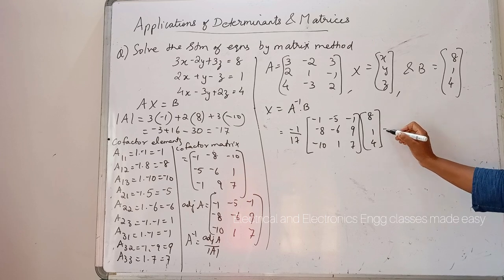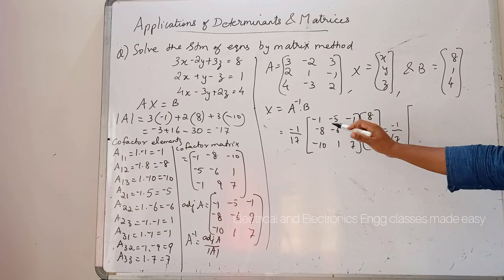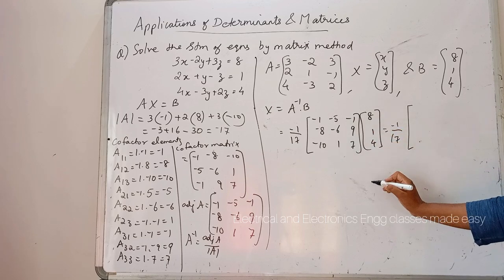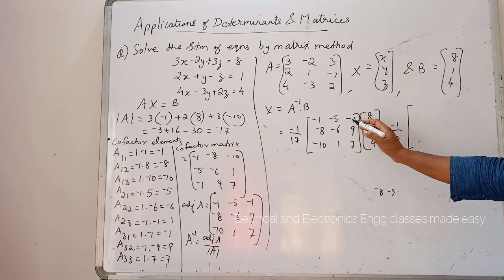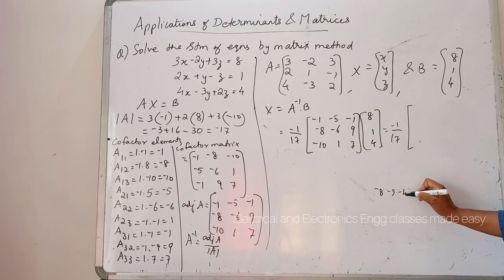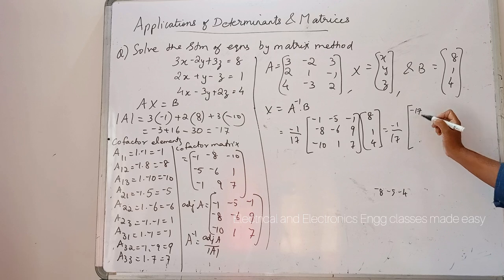Now we can find the values. That is minus 1 by 17 into, first one is minus 1 into 8, that is minus 8, then minus 5, then minus 4. So 8, 5 and 4, that is minus 17.